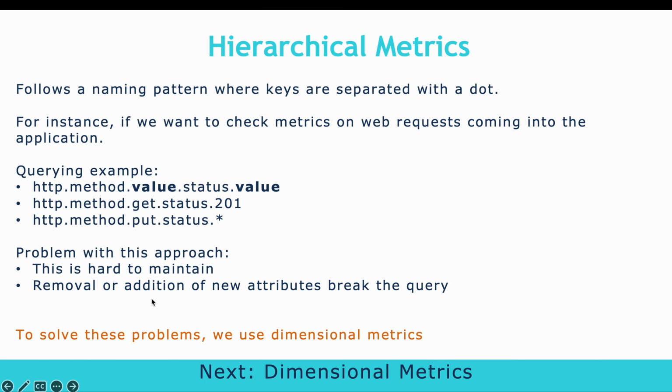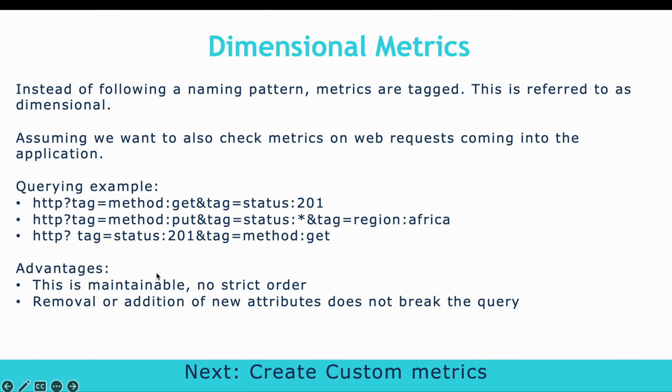To solve this problem, we want to use dimensional metrics. With dimensional metrics, instead of following a naming pattern where keys and values are separated with a dot, metrics are tagged. This is referred to as dimensional metrics. Let's go back to our previous example. Assume you want to check metrics on web requests coming into our application.